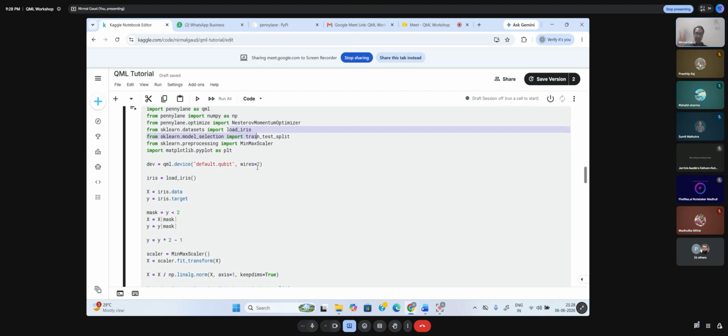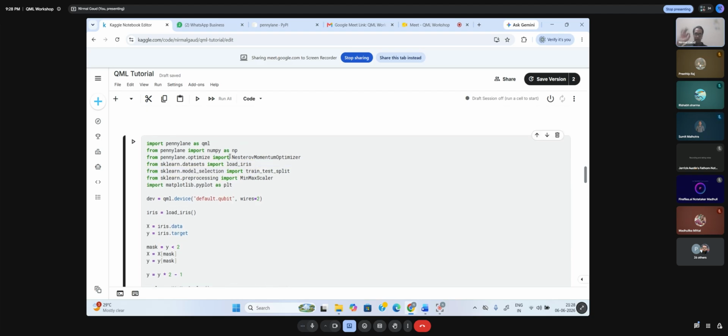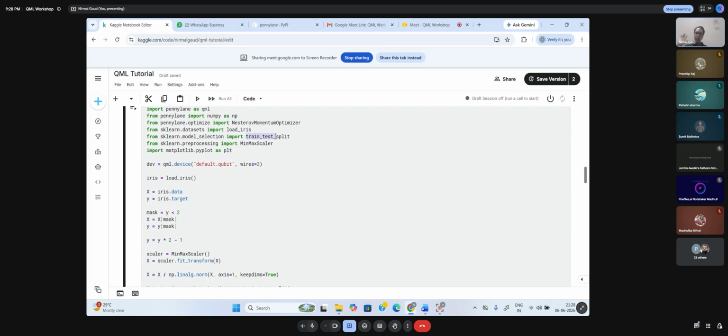Everyone, please see: PennyLane, NumPy, and the Iris dataset I'm loading. Train test split, obviously, I need to split the data into training and testing. MinMaxScaler, I need to scale my data. Yesterday also I was teaching my training participants that we need to scale the data.